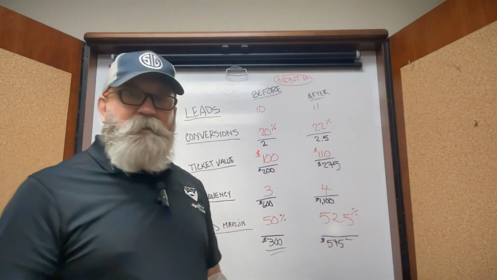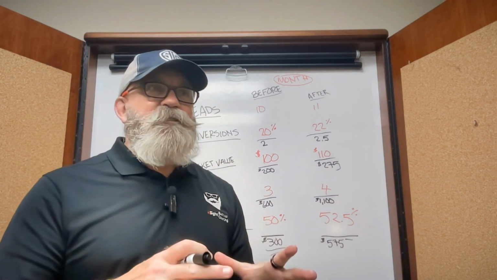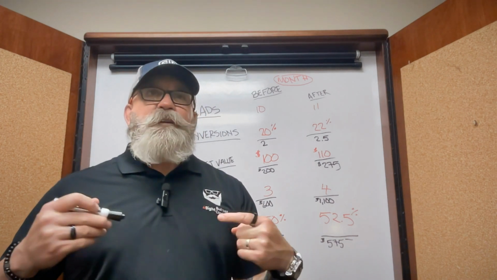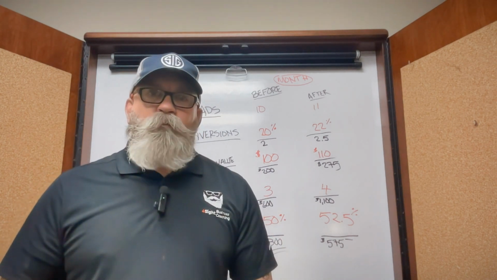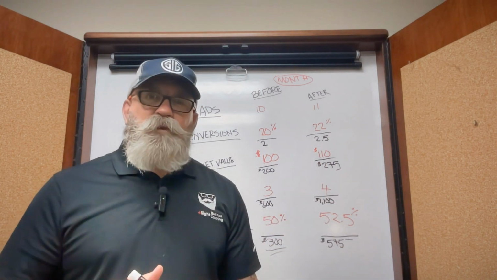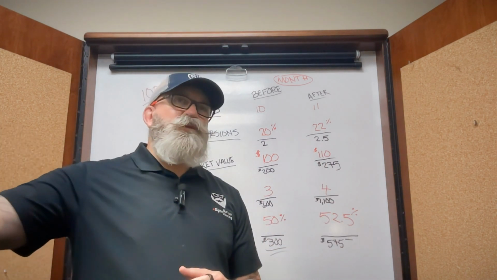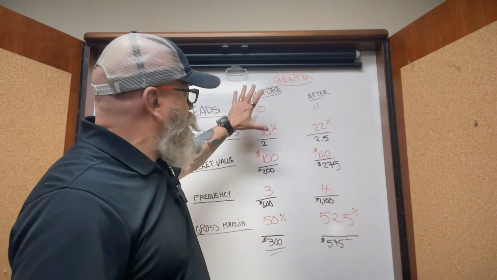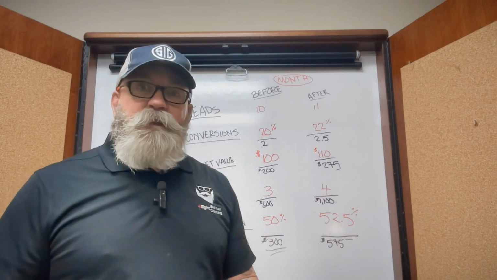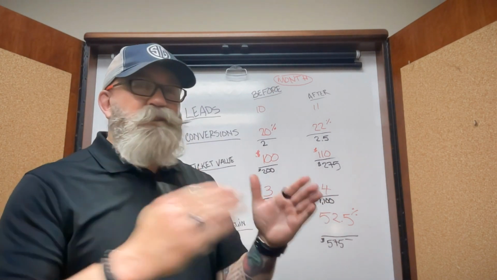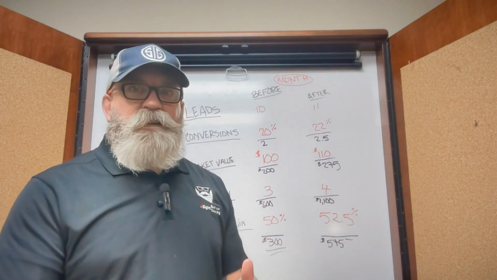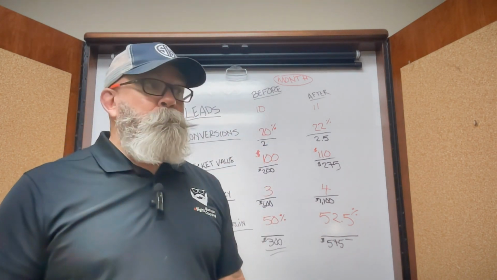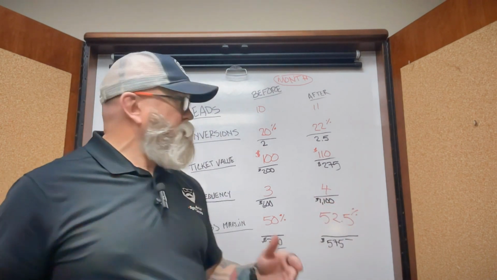So I hope this makes sense. This is the foundation of creating a business that runs on autopilot. If you do this well, you'll never have to worry about leads. You'll never have to worry about top line revenue, because once this is in place, then you throw resources and energy at each one of these levers at different points, and your business responds.